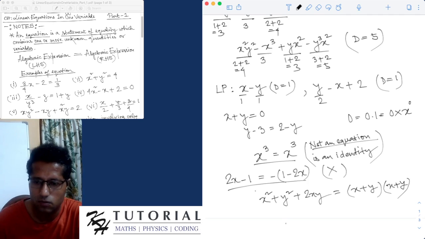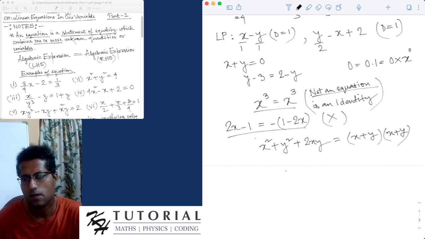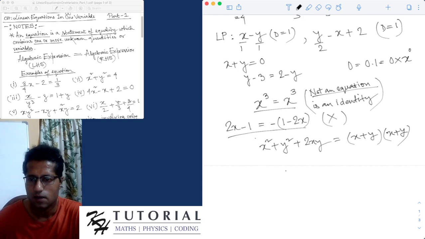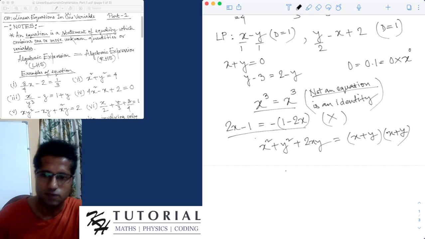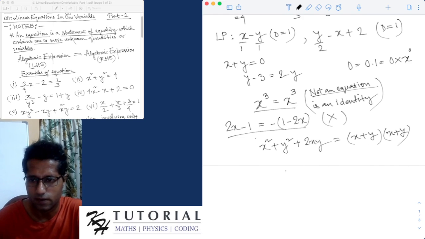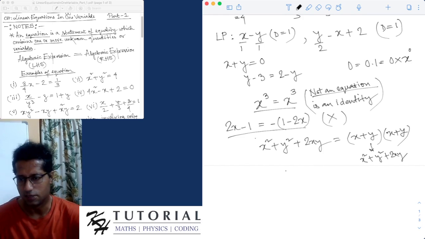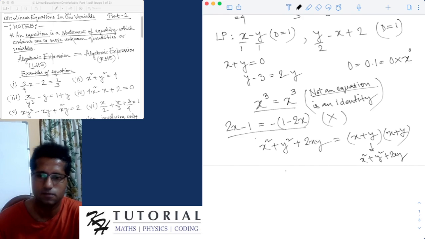So now we were discussing that this is not an equation, actually this is an identity, because if you see, the algebraic expressions on the left hand side and the right hand side are the same. If you simplify, this product of two binomials comes out to be x square plus y square plus 2xy, which is exactly the same as the expression on the LHS.